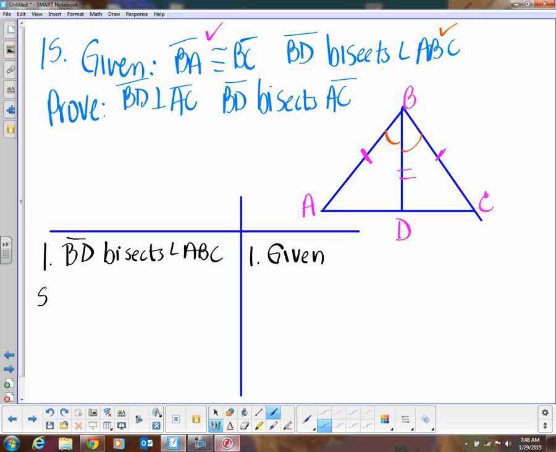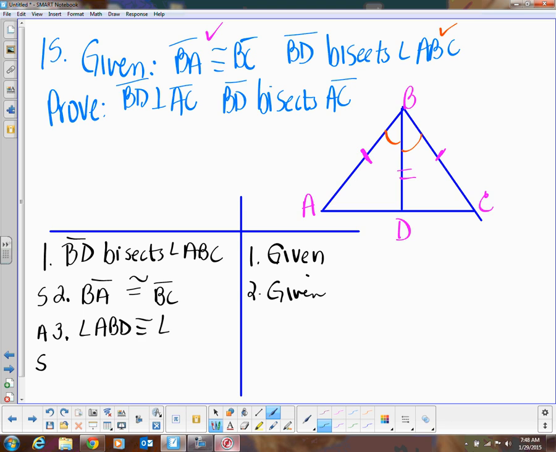Now notice I'm beginning with BD bisects angle ABC given because there's no congruence there. Now, Brittany just told us side angle, side. Notice at this point, and only now will I bring in my BA is congruent to BC. And that's also given, but it also takes care of one of our sides. Then when we go to our angles, we're going to have to say angle ABD is congruent to angle CBD, and that is because of the definition of an angle bisector.